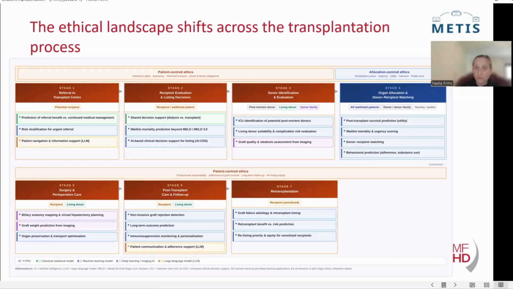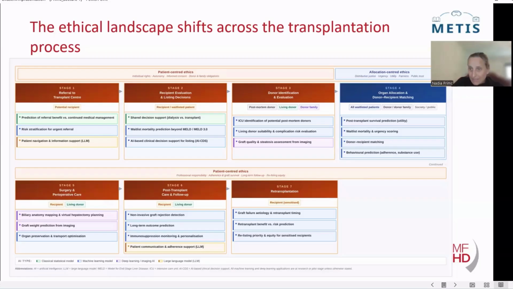Then comes stage 4, where a decision has to be made which organs go to which patients and which patients will be deprioritized, not get a certain organ offer. And then you have the surgical and perioperative phase, the post-transplant care phase, and maybe a patient will need a retransplantation, marked here as stage 7, such that the whole process is initiated again.